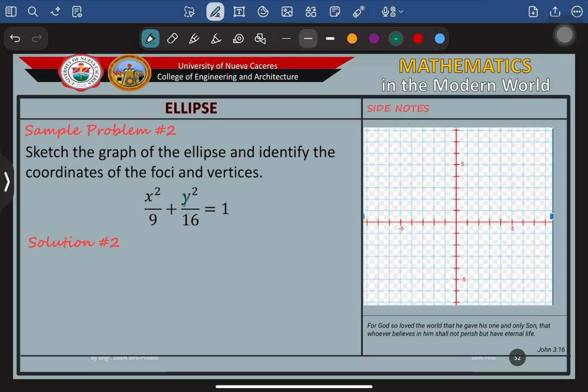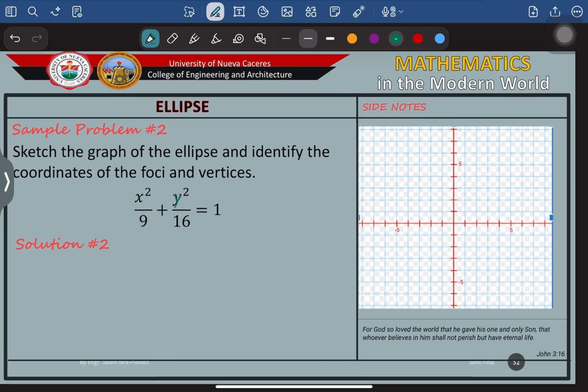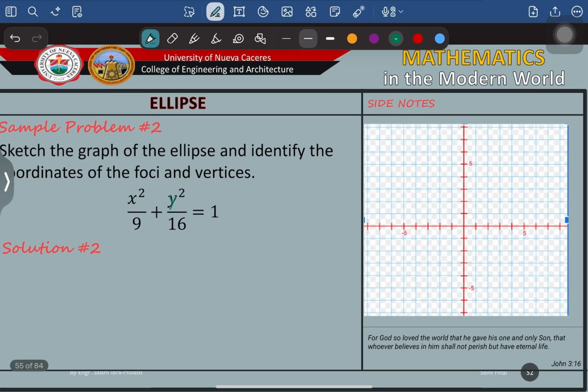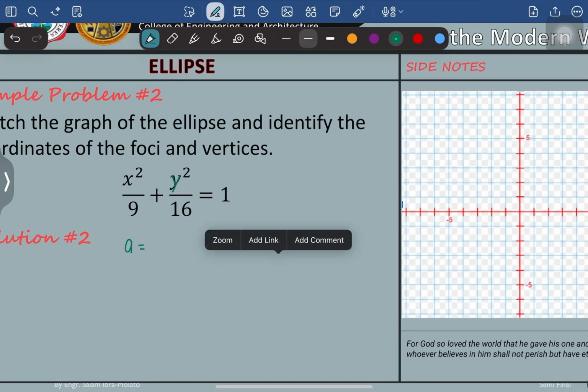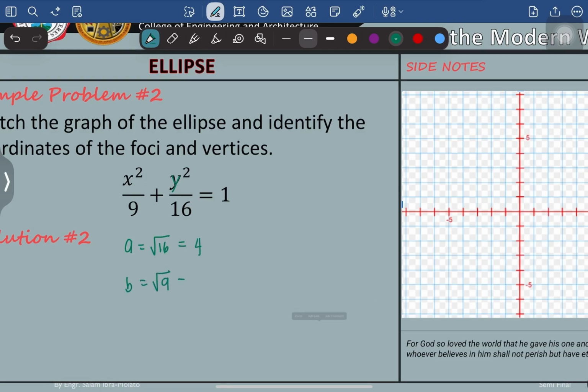Then again, the center is at the origin. So based from the standard equation, we have no h, k. To get the semi-major axis, get the square root of 16, which equals 4. Then b, the square root of 9, equals 3.